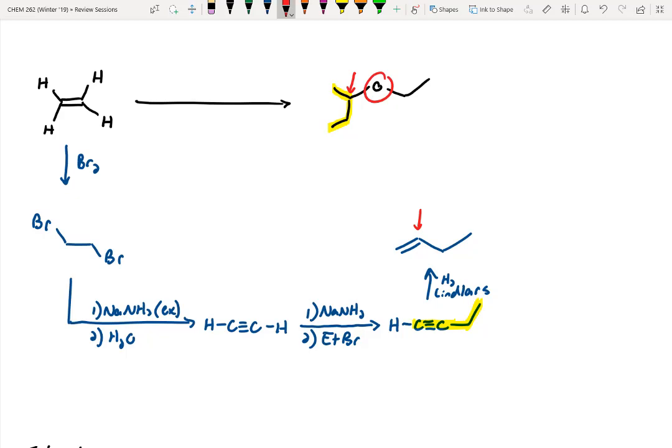If we did hydroboration, we would actually favor the least substituted side. So we need to do a Markovnikov addition of oxygen. So we could do oxymercuration, or we could just do acid and water. As a chemist, I would like to avoid using mercury because I like not dying of cancer. So I'll just do acid and water.